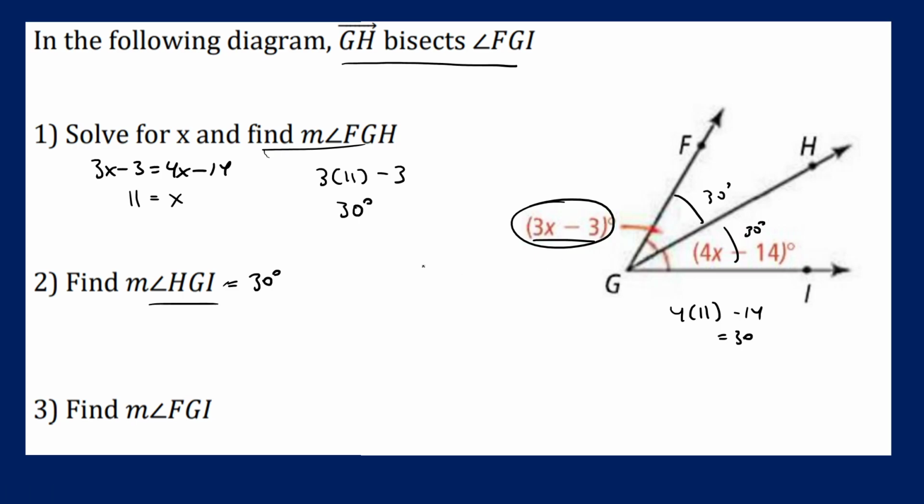And then the last question: what's the measure of FGI? Well, that's the whole thing, so it's just equal to the sum of its parts. We would say 60 degrees. There's nothing terribly difficult about this question, but you need to understand the vocabulary and the symbols, what they mean. And this will lead again to more complicated things.